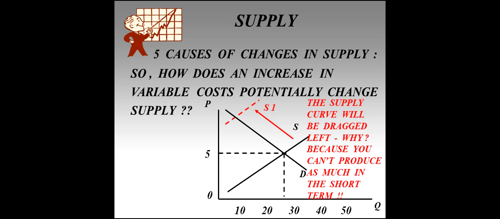So supply for the product in the market will decrease and shift the supply curve to the left because we can't produce as much in the short term.